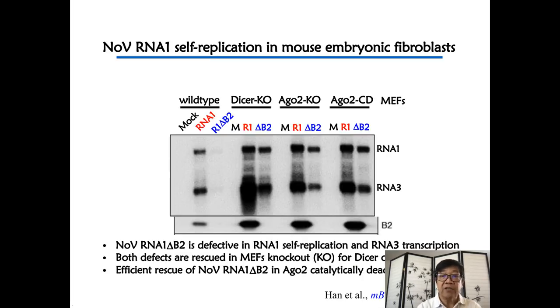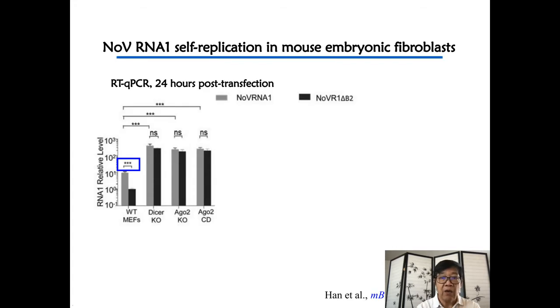And as well as rescue in the cells expressing catalytic dead Ago2, or Ago2-CD MEFs. We further measure the virus RNA levels in those wild-type and mutant MEFs using real-time PCR.